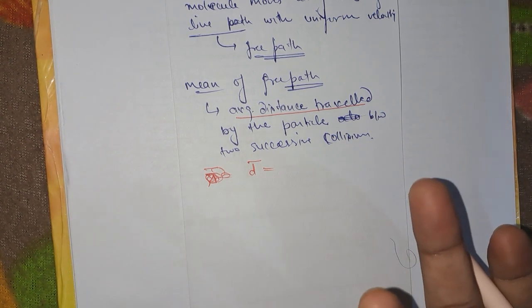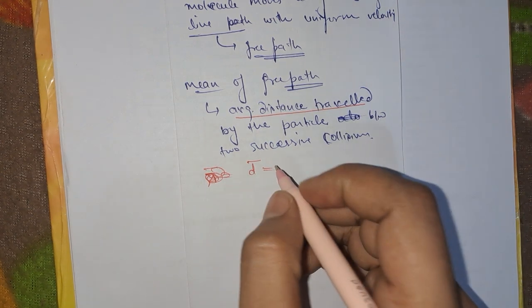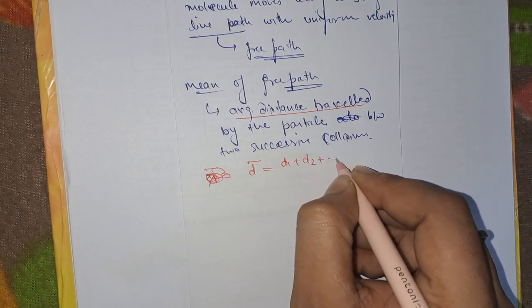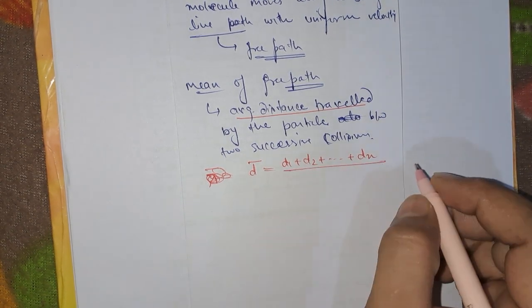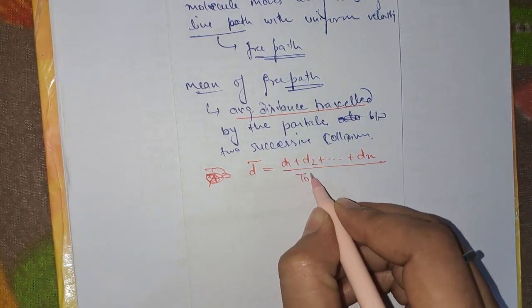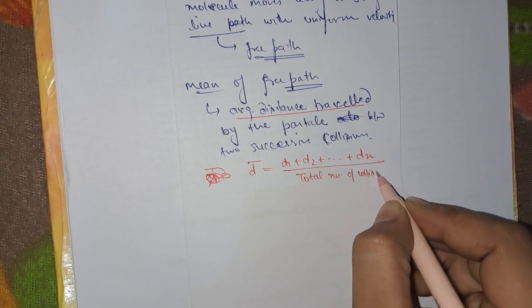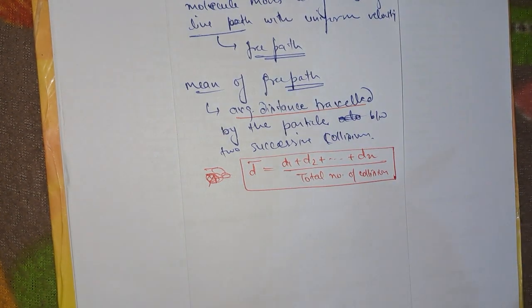Lambda means wavelength, but for your convenience, we will take it as d. So d1 plus d2 plus and so on, whatever be the number of collisions, upon the total number of collisions. This is the mean free path.